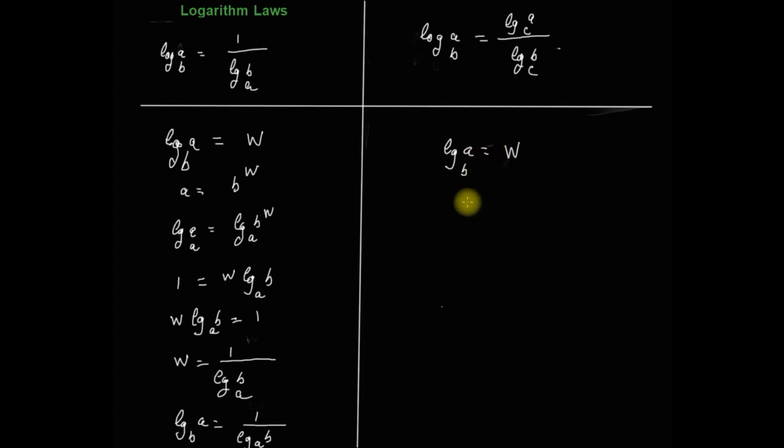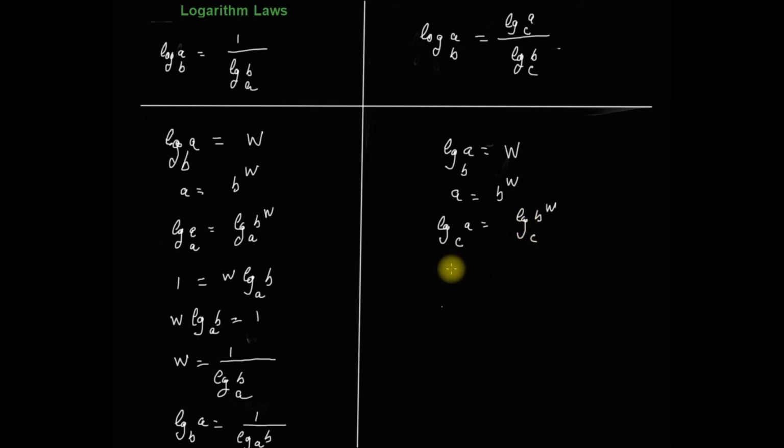So by the definition of logarithms, I can write a is equal to b to the power w. Now I will take logs from both sides of the equation in any base I choose. I will choose base c, for example. So I will get log base c of a is equal to log base c of b to the power w.